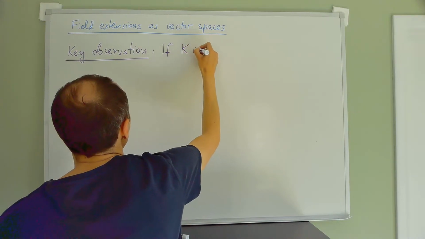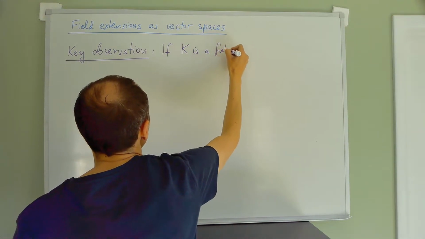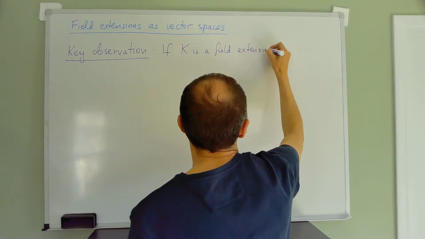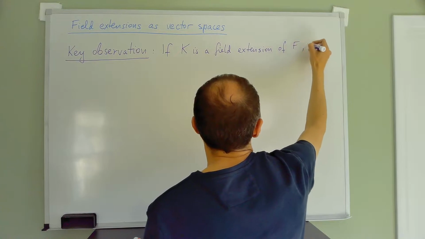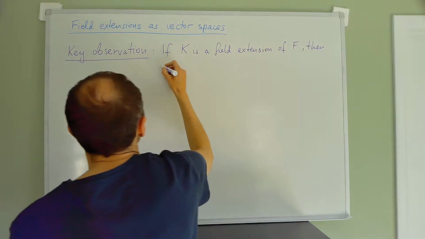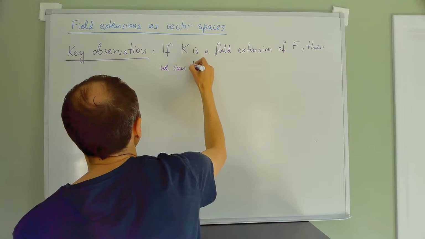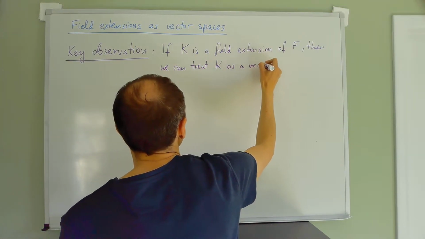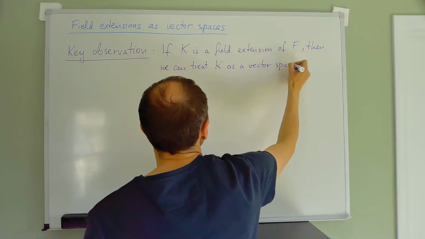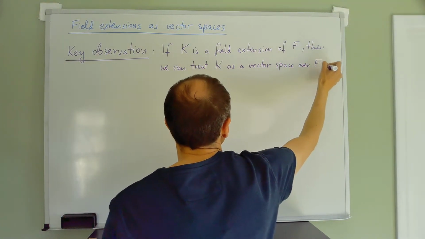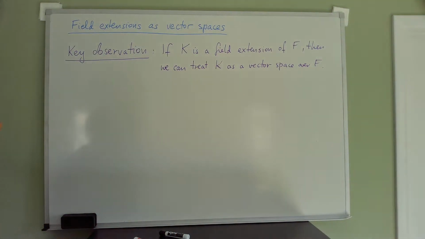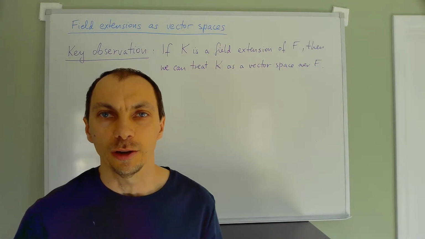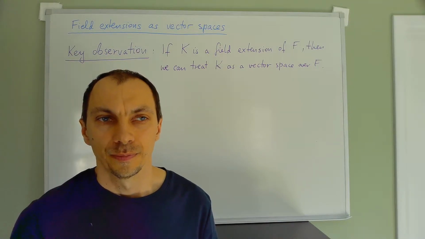If K is a field extension of F, then we can treat K as a vector space over F. I can't overemphasize the importance of this observation.